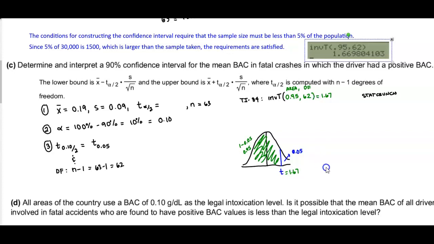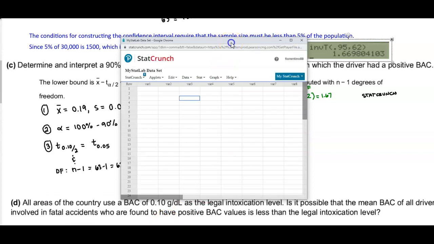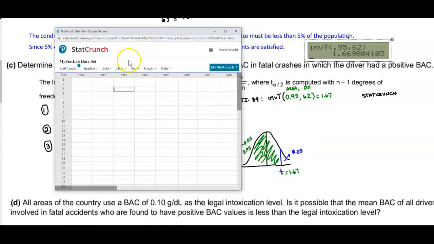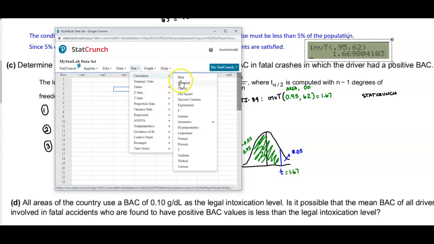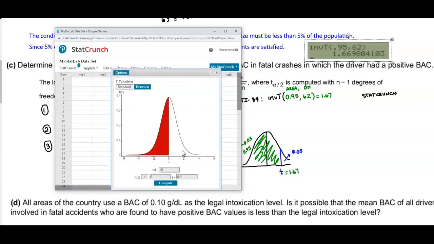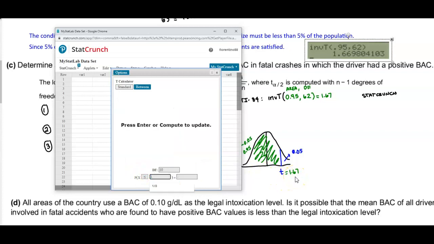Okay. Now, if we wanted to use StatCrunch, then what we would do is we would come in here and go to Stat and select Calculator. Now, since we're looking for the critical T value, we're going to select the T calculator. And we want the area that's going to be less than our value, which is 1.67.